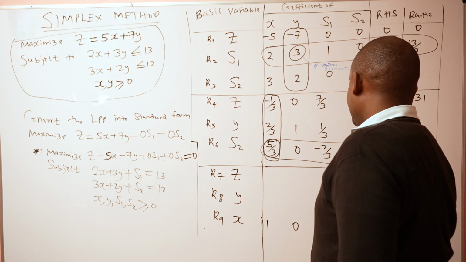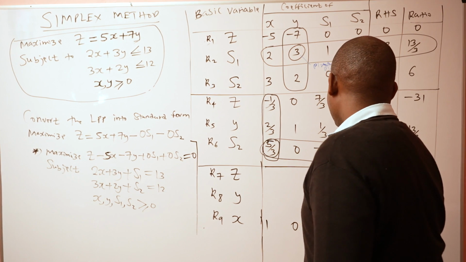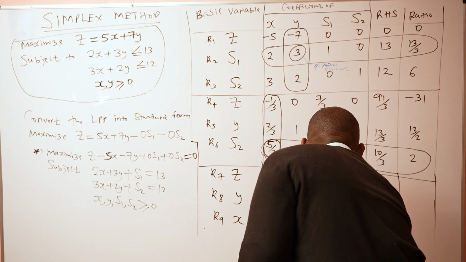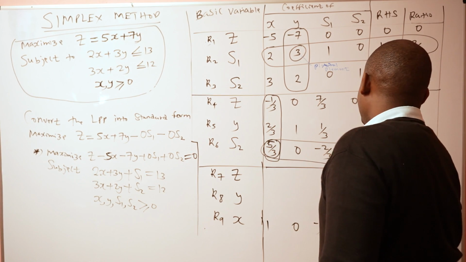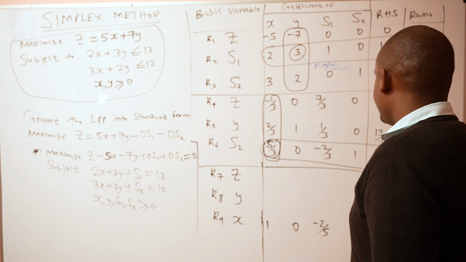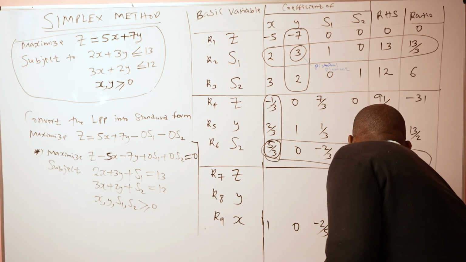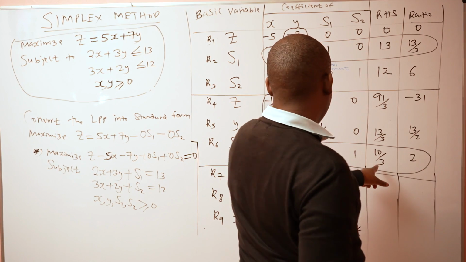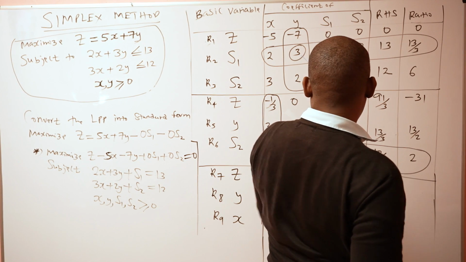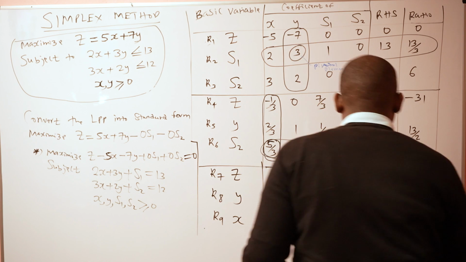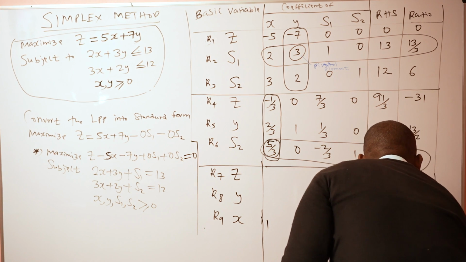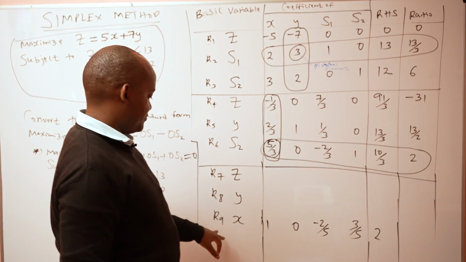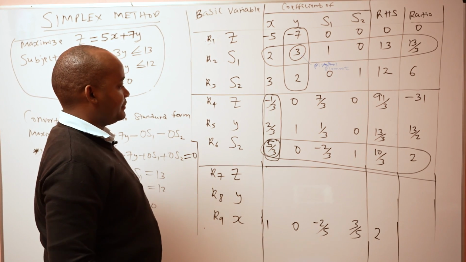Negative 2 over 3 divided by 5 over 3 is going to give us negative 2 over 5. Of course, 1 divided by 5 over 3 is going to give us 3 over 5. Still on the right hand side, 10 over 3 divided by 5 over 3 is going to give us 2. You can see we've constructed our new row number 9.